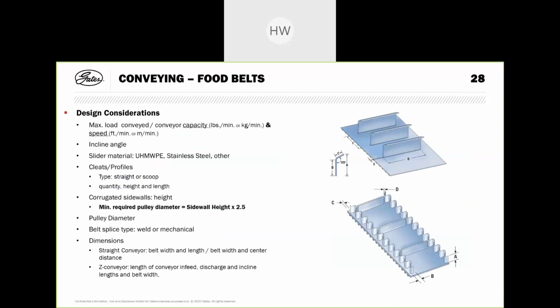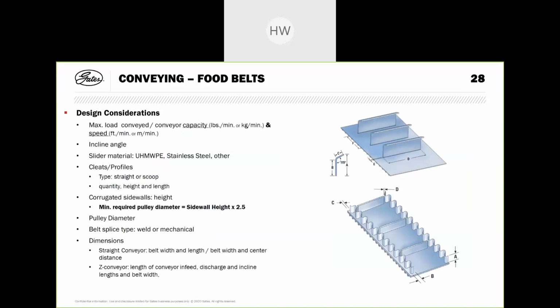For the food belting, the design considerations are slightly different, but again, we are talking about load, maximum conveyor capacity or maximum load conveyed. Here we have kilograms per minute and also the speed, meters per minute. Inclined angle, of course, is also interesting.